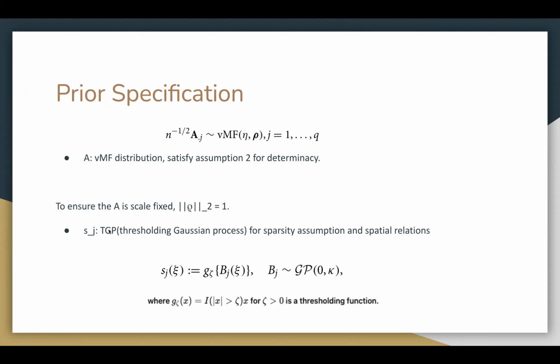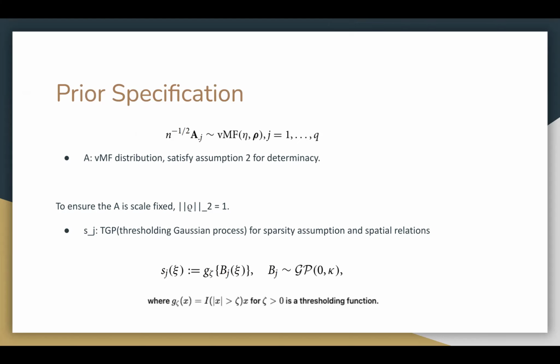As I remember, the hyperparameter in their experiment is set to 0, and this way the prior sampling can make sure that A is scale fixed. And for the latent functions, the prior is set to be a thresholded Gaussian process.